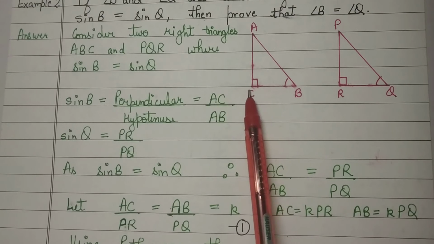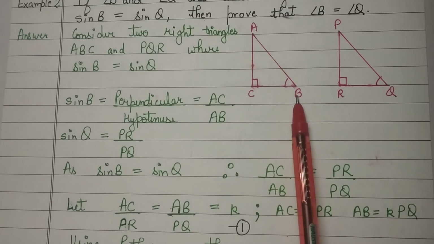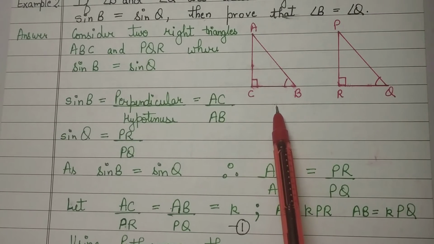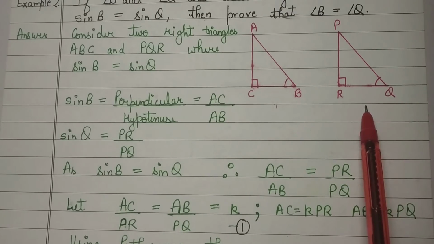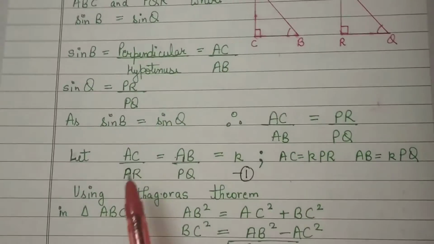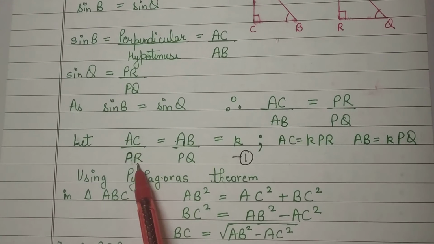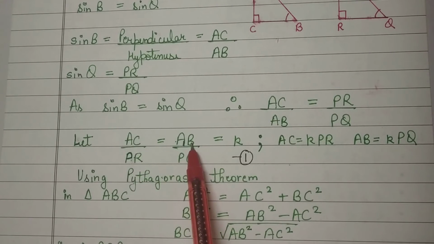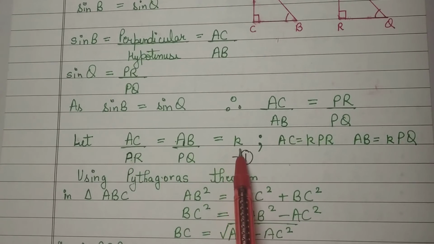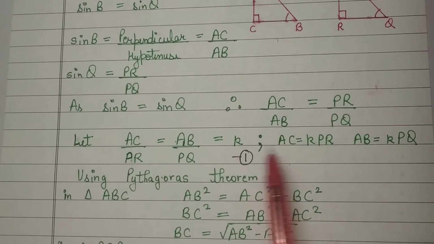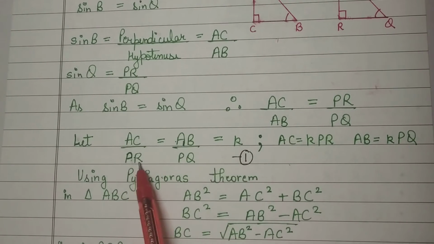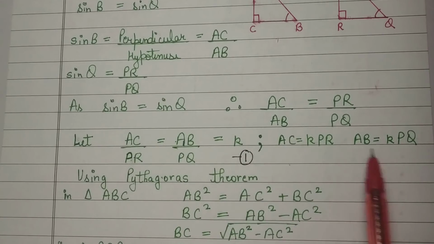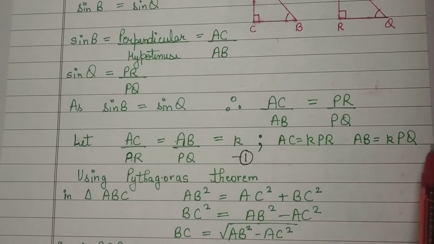AC we know, perpendicular, and AB hypotenuse we know. We don't know this BC, and QR, we need to work on this. Let AC upon PR, I have taken this PR here in the denominator and AB in the numerator, take them as K. Now value of AC is what? K into PR, multiplying this because AC by PR is equal to K. So AC is equal to K into PR, and AB is equal to K into PQ.